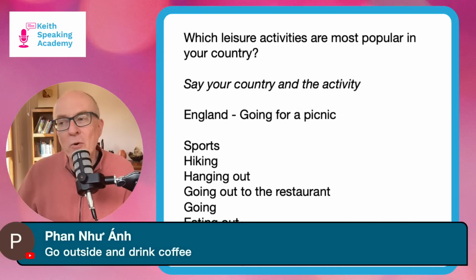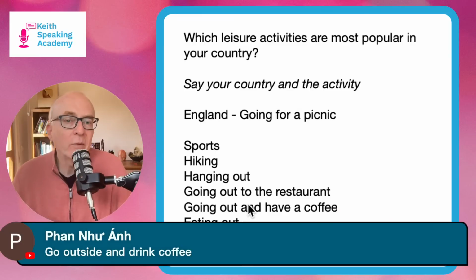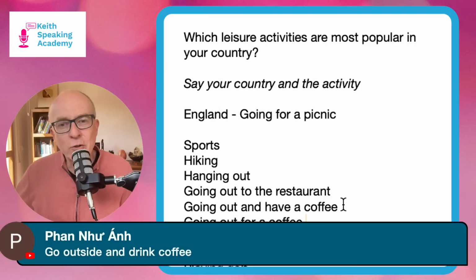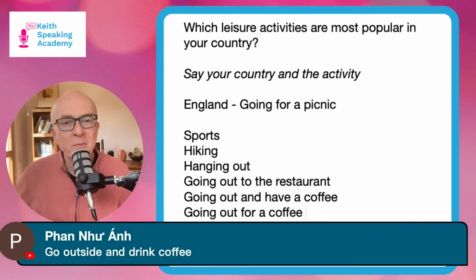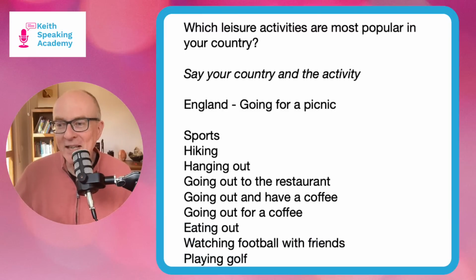But to be a bit more natural, going outside is a bit strange. I think more naturally we would say go out and have a coffee. We're going out and having a coffee, or going out for a coffee, right? Just make it a bit more natural, what we would normally say. But your grammar is correct, right? It's perfect. Thank you for sharing.